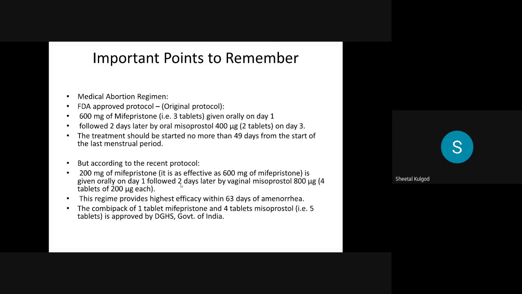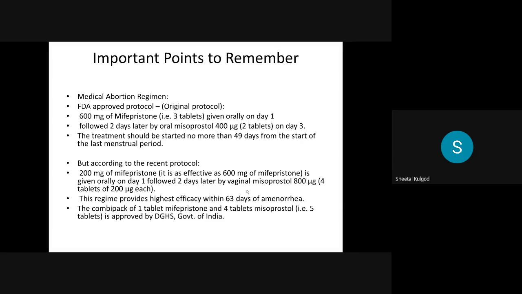Then 2 days later, the change between this and the earlier regimen is the misoprostol. Earlier they were giving only 2 tablets orally, but in this regimen we prefer to use 4 tablets of 200 micrograms of misoprostol. That accounts to a total of 800 micrograms of misoprostol given vaginally.